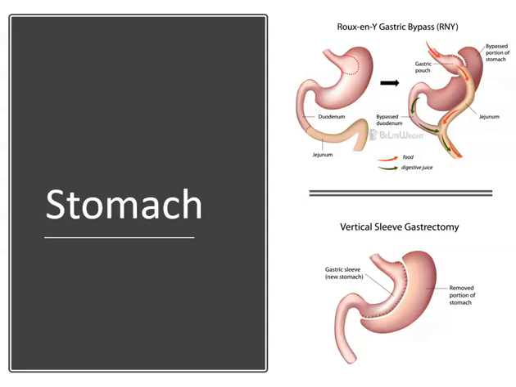Now, what you also want to notice is in the families of gastrectomy, you have total and partial, but then you also have those different options that they can do with the gastrectomy procedure.